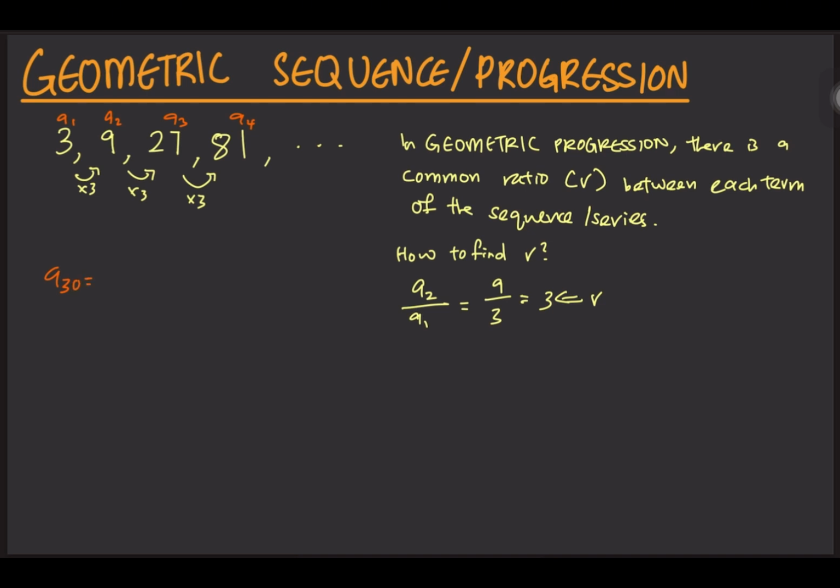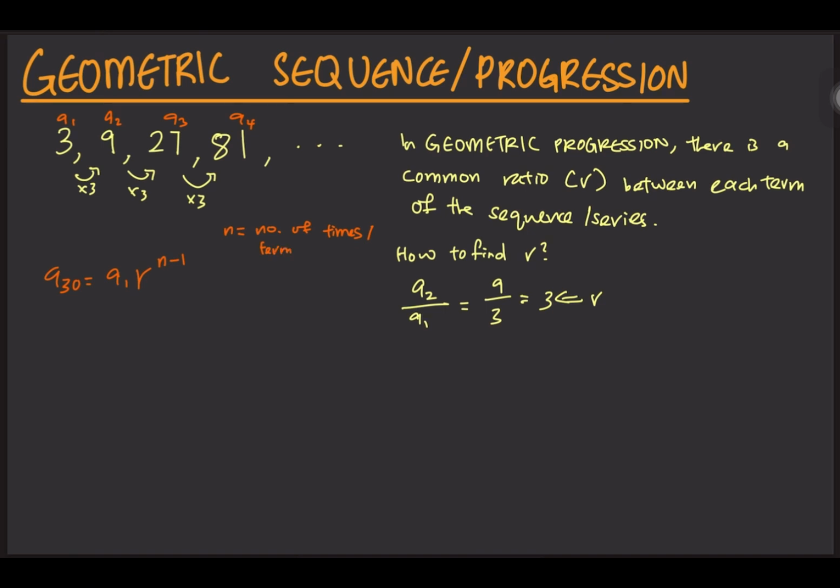Well, of course, we don't want to multiply them one by one. It will take too long. Very simple, actually. We take the first term, a1, then we multiply by the common ratio to the power of n minus 1, where n equals the number of terms, or you can say the term number as well.